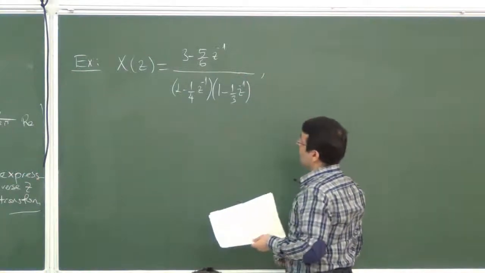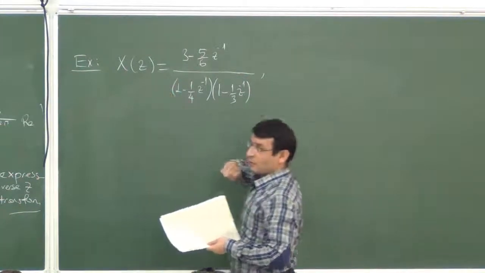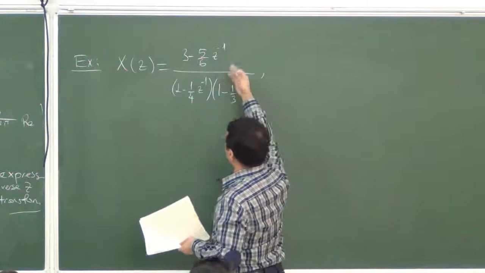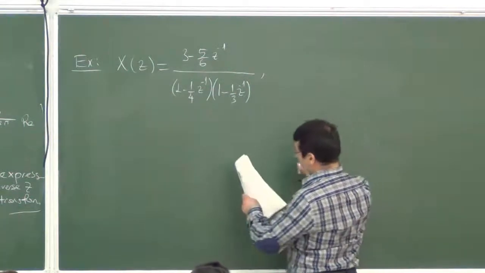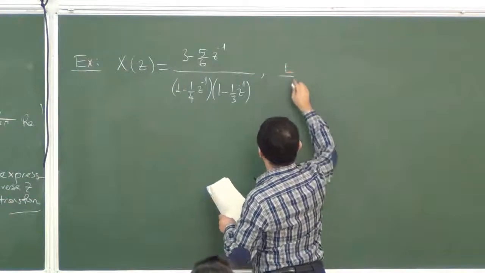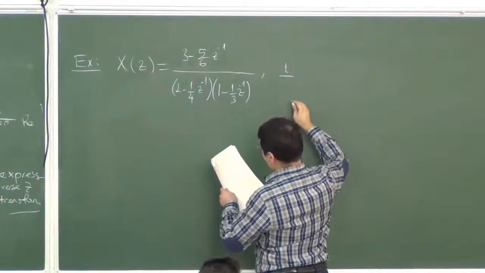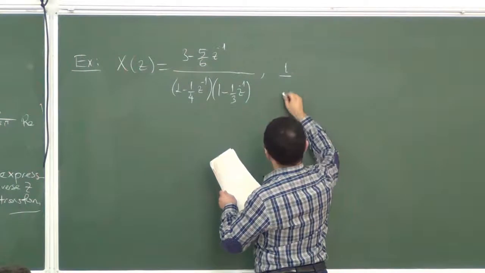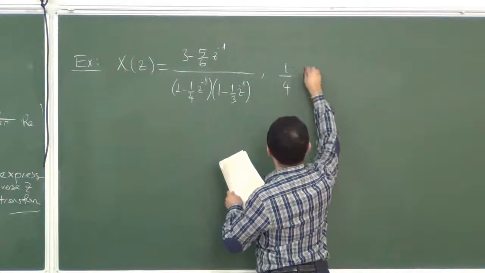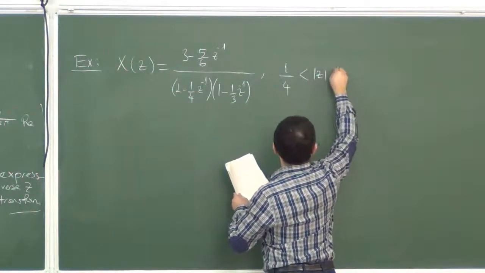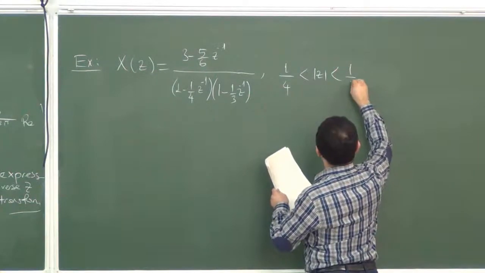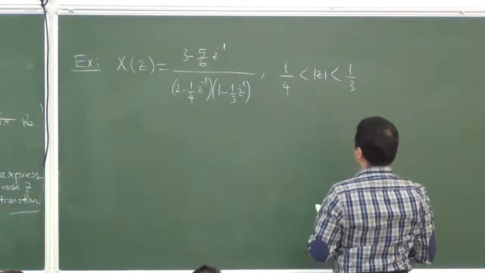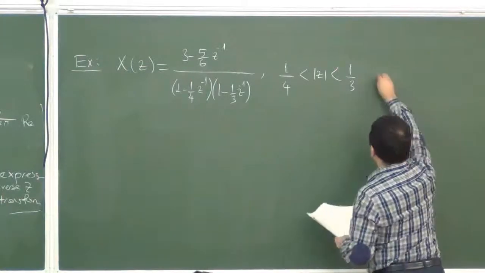As you know, if you have an X(z), a signal or system in the z domain, the region of convergence should also be indicated, okay? So for this example, the absolute value of z is defined in this case. So this is the region of convergence. So you can maybe plot the region of convergence.